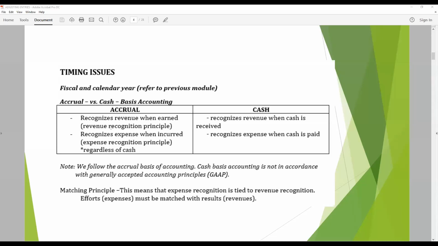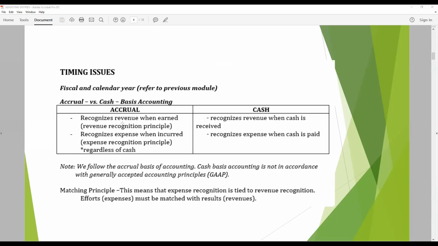So under accrual, you recognize revenue when it is earned, and you recognize expense when it is incurred, regardless of cash. Under cash basis naman, you recognize revenue when cash is received, and you recognize expense when it is paid. So we don't use cash basis of accounting. We always use accrual basis of accounting.